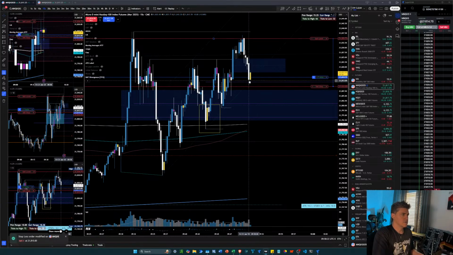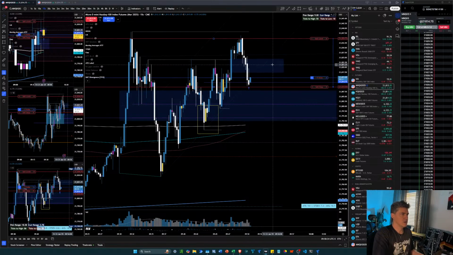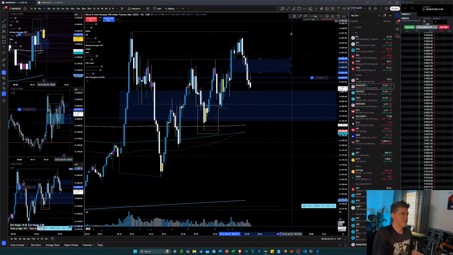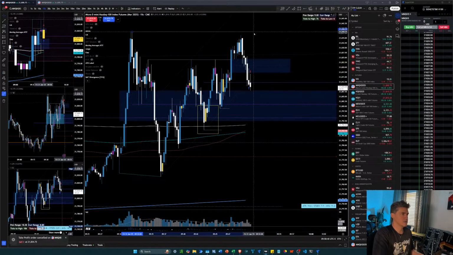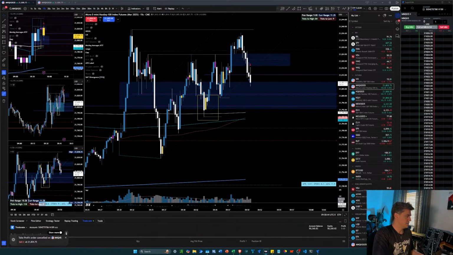I'll use an aggressive trigger here. This wick is the most aggressive entry that I have. But given that we were right at the bottom of this channel, 50%, I don't love this inverted fair value gap here, but it's definitely worth a shot because high of day is probably got it coming.